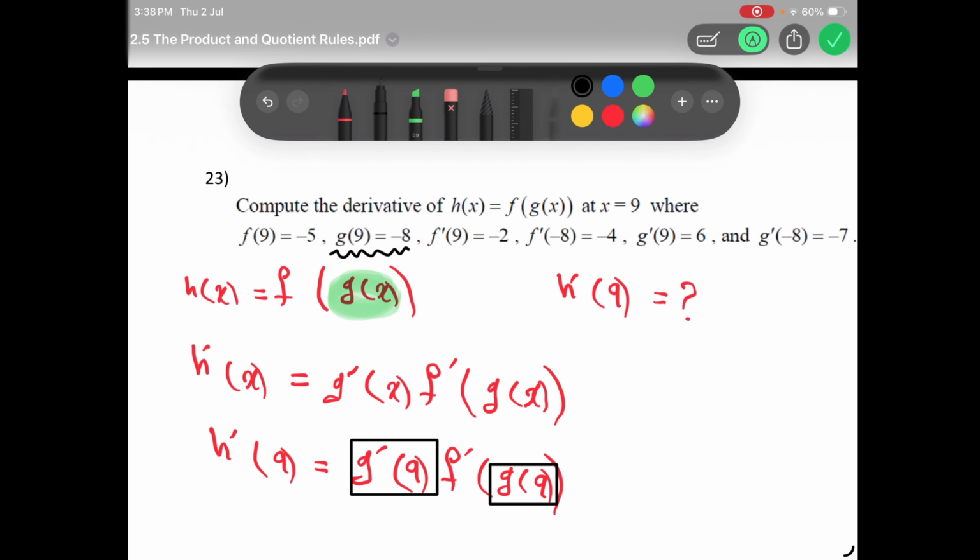Okay, it's fine. G of 9, I know this now. G of 9 is minus 8. But what is G prime of 9? Must be something here. Yes, G prime of 9, here it is 6. Look at this. So this is 6.